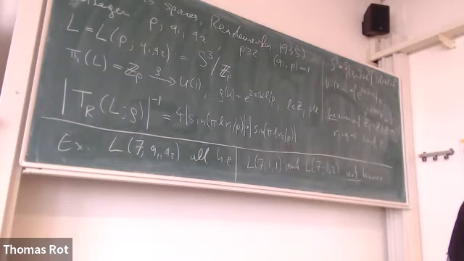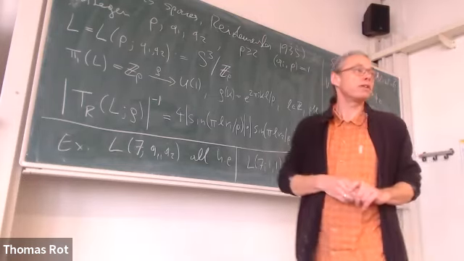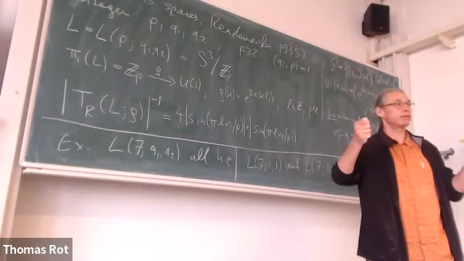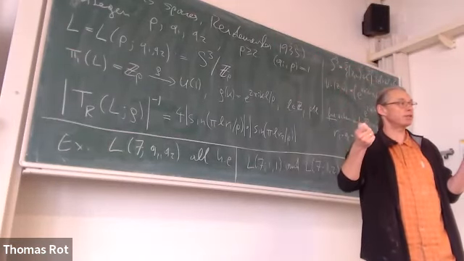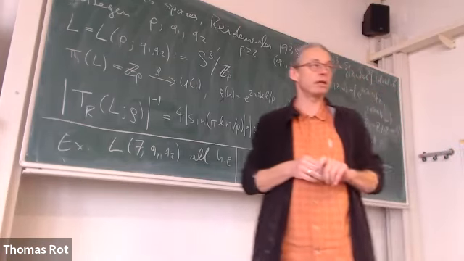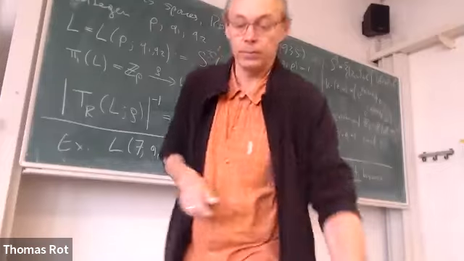Okay, and then in the next part, I would like to move on to the Ray-Singer torsion, and the idea here is to replace this cellular complex or CW complex with the de Rham complex of a smooth manifold or Riemannian manifold.